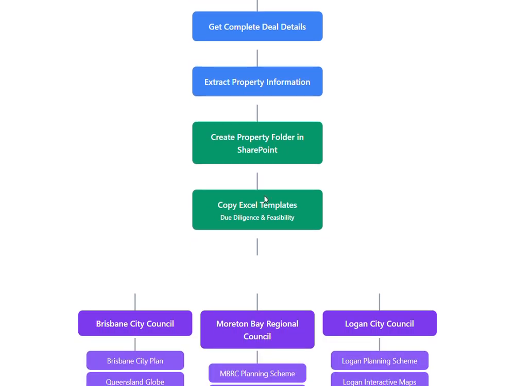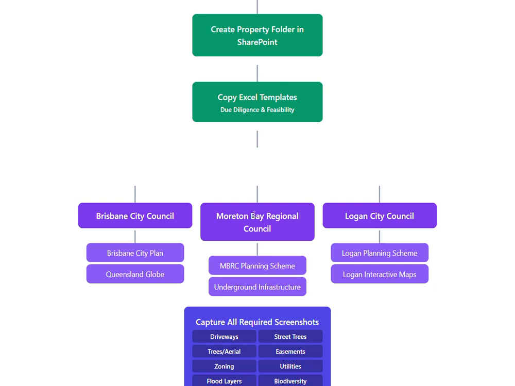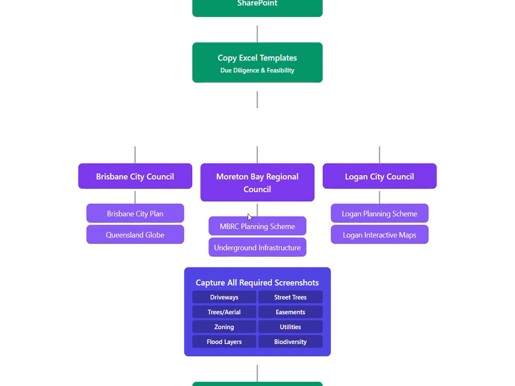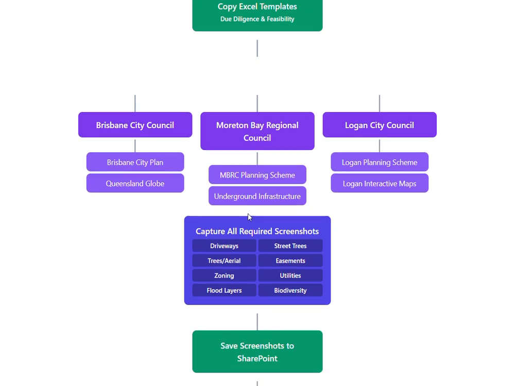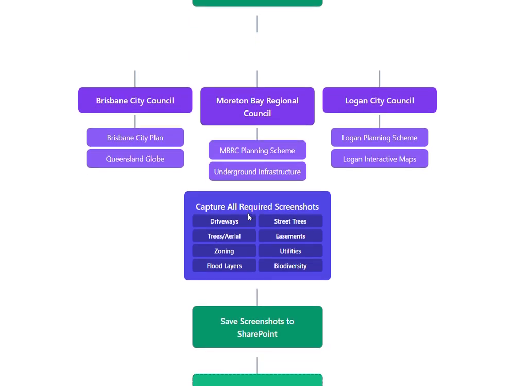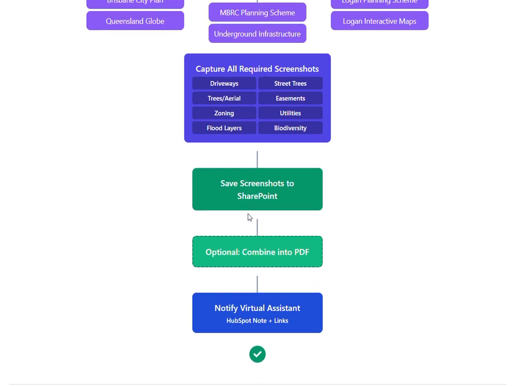The next step is to now copy the Excel templates, of course, for due diligence and feasibility from the same system. Now from there we have options. From there now the captures are created and the screenshots are taken, and then the system again saves back into another folder, which now is combined into a PDF.